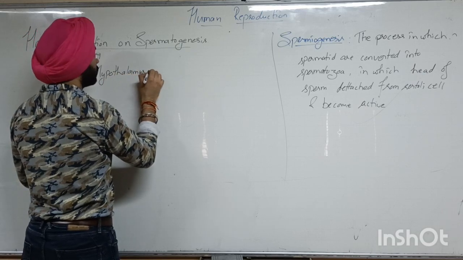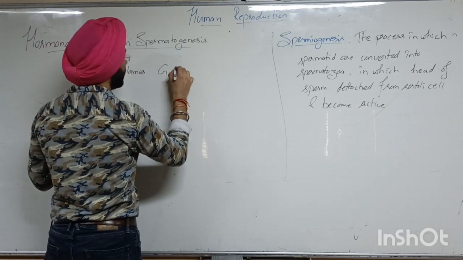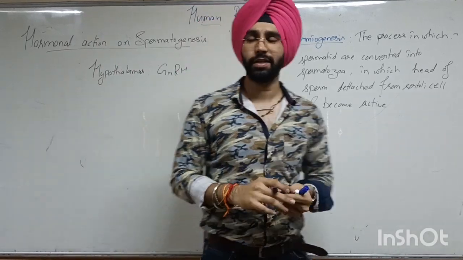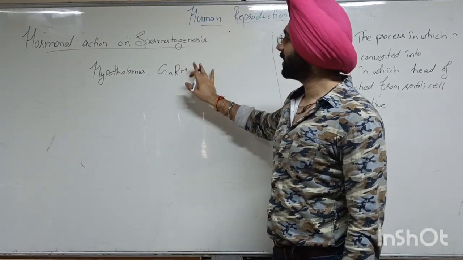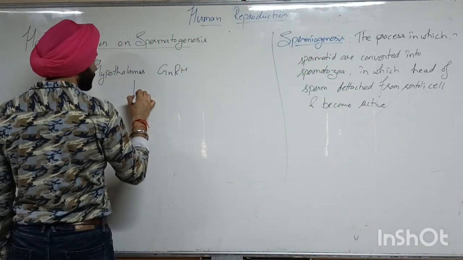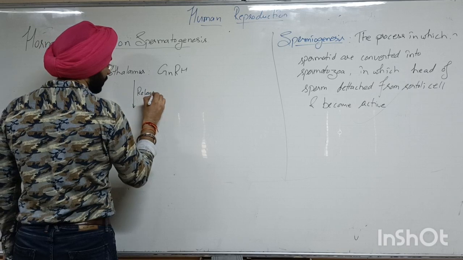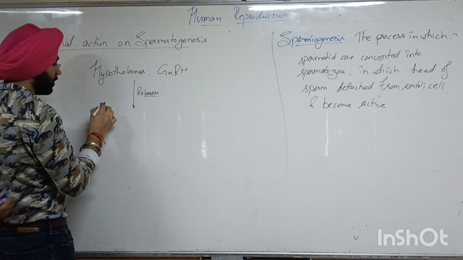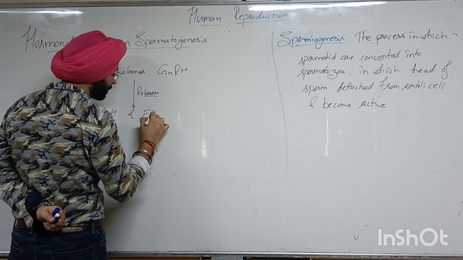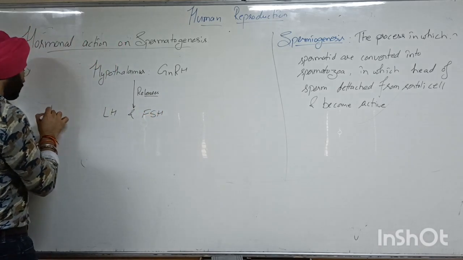This gland secretes GnRH, which stands for gonadotropin releasing hormone. GnRH is secreted by the hypothalamus and helps in releasing LH and FSH hormones from the pituitary gland.